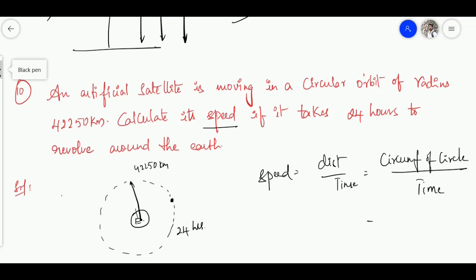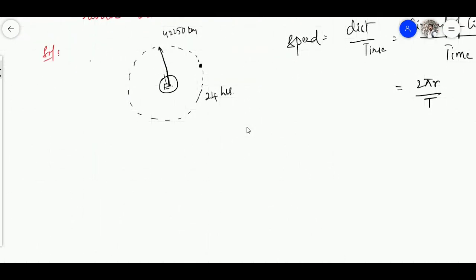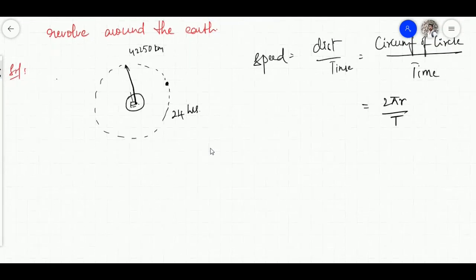What is the circumference of the circle? The formula is 2 pi r by t. You know the value of pi, so let's plug in the values. Pi equals 22 by 7, or we can take it as 3.14.